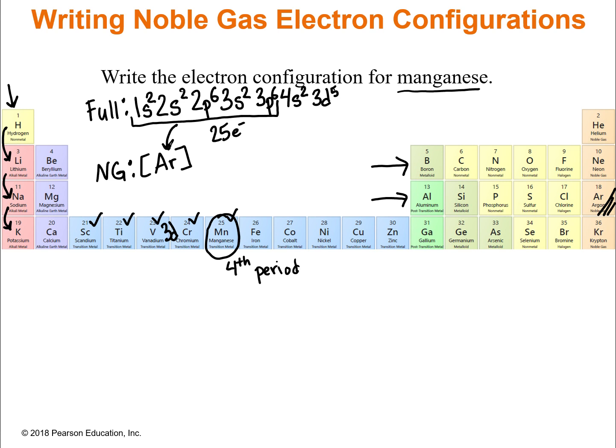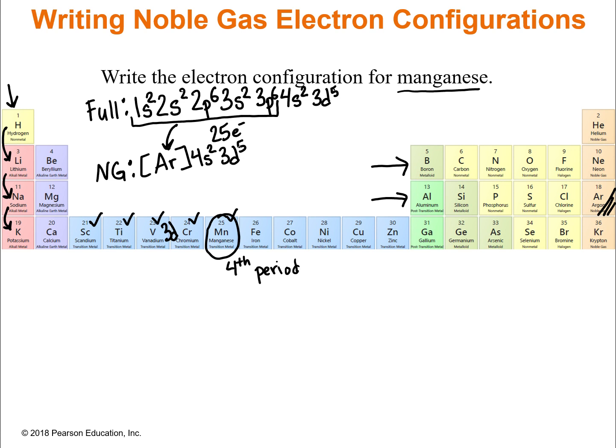It has completely filled the 1st, 2nd, and 3rd energy levels, excluding the D. After that, you just have to write in everything that's between argon and manganese. So everything that's in the 4th row, we need to write. That's 4s2 and 3d5.